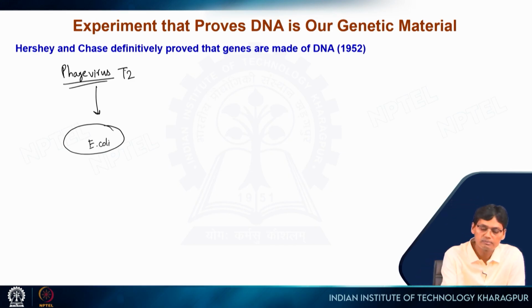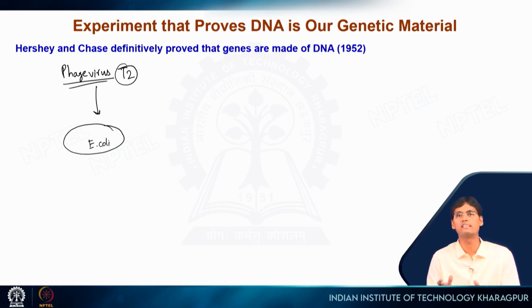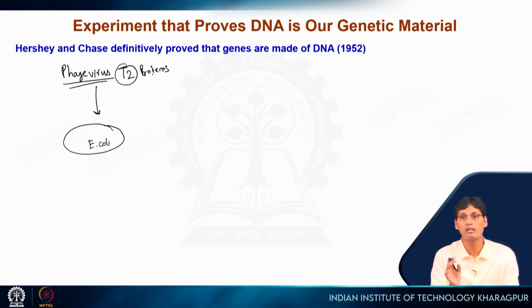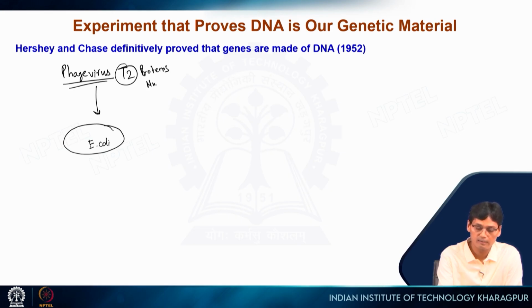The beauty of this system is that the T2 phage does not have many complex things inside the virus. They just have proteins, which generally form the coat or surface of the virus, and they have nucleic acid, DNA.